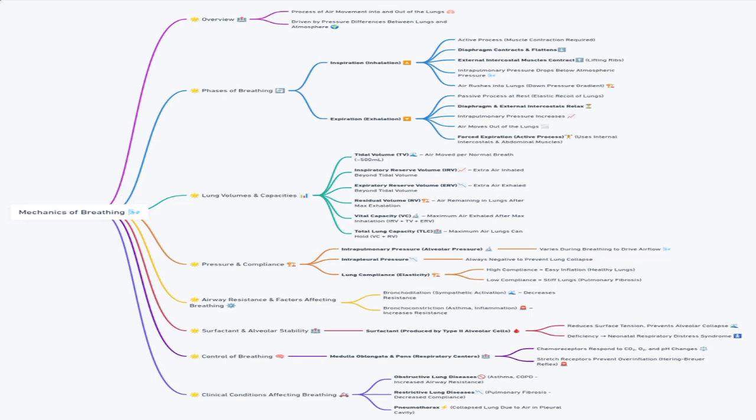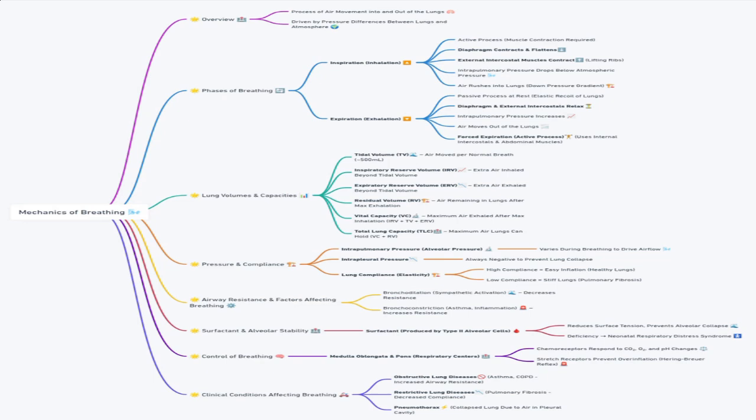So we have two sides to the coin: airway opening pressure minus the alveolar pressure, all plus the alveolar pressure minus the pleural pressure.